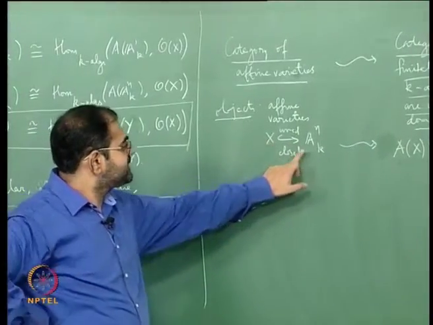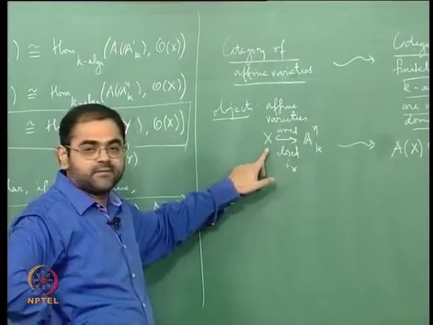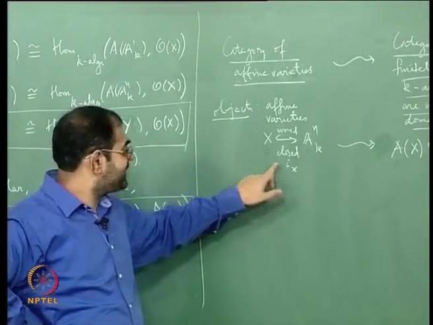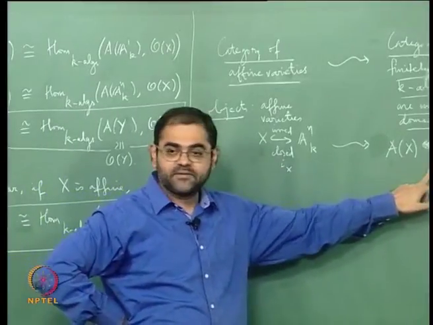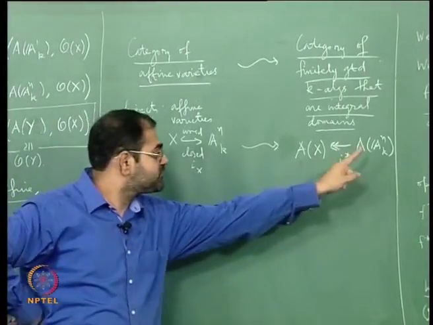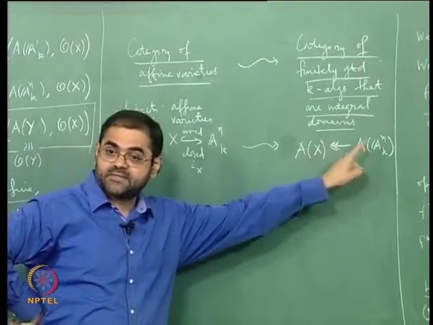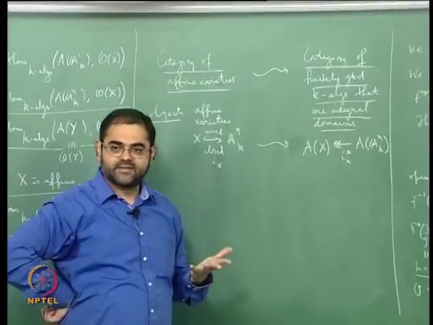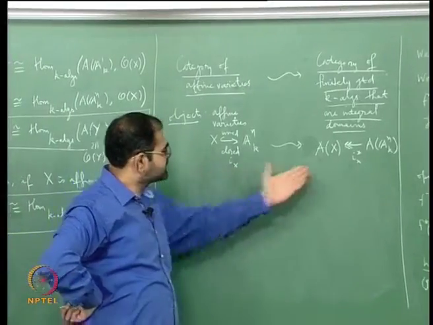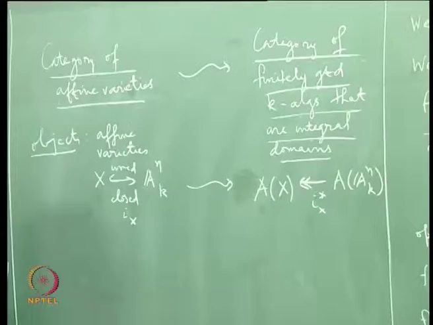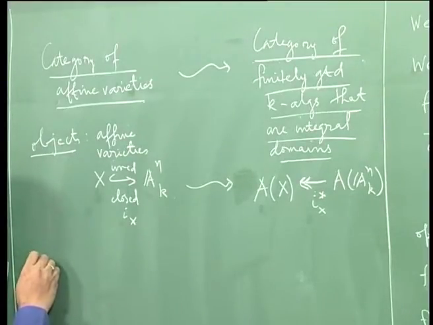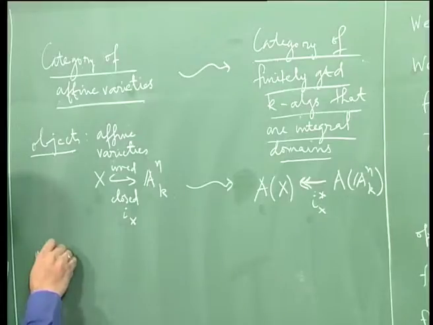You can check that the inclusion map is actually a morphism of varieties, and that the pullback i_X star that it induces from the O of this to the O of this, which is the same as the A of this to the A of this, is simply the restriction. You can check that. And what are the morphisms?